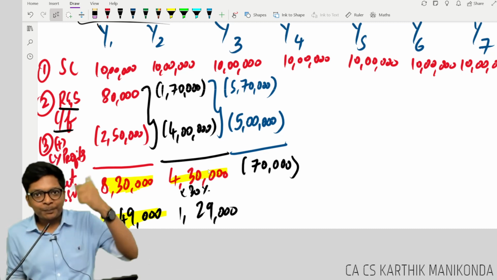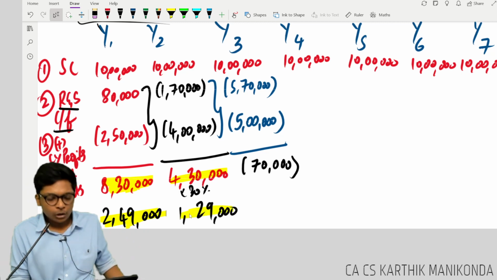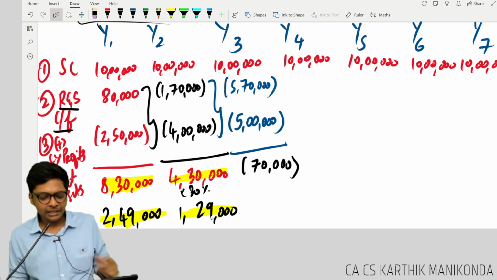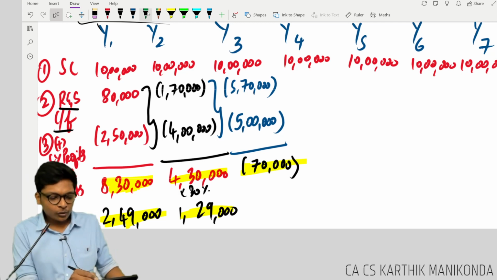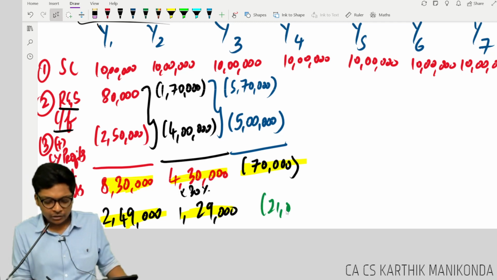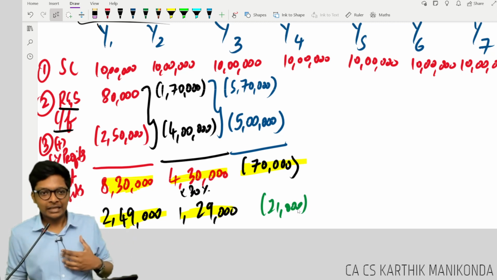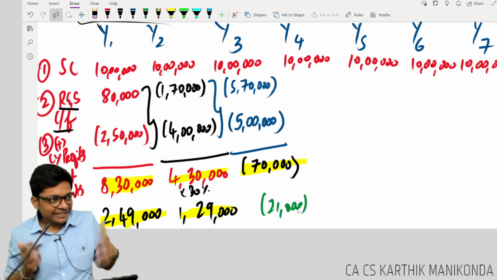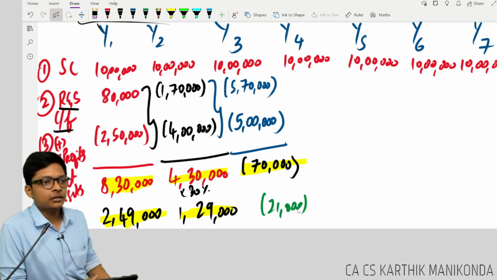So what the subsidiary has to pay to minority is 1,29,000. But year 3 is a full negative. That means if you write minority as negative 21,000, that means they will pay me. Does it make sense?